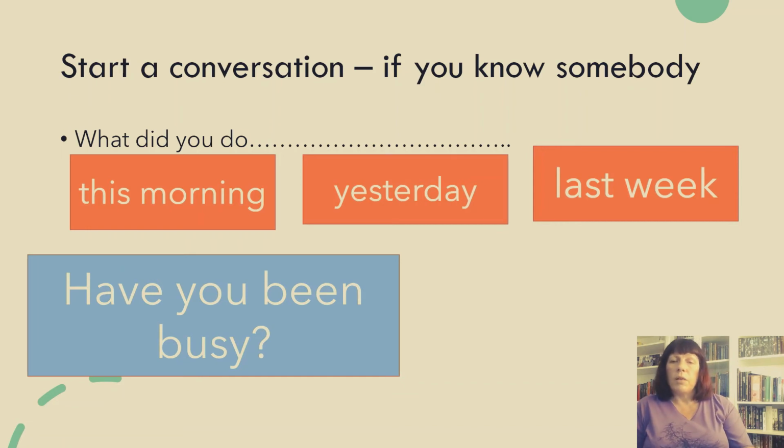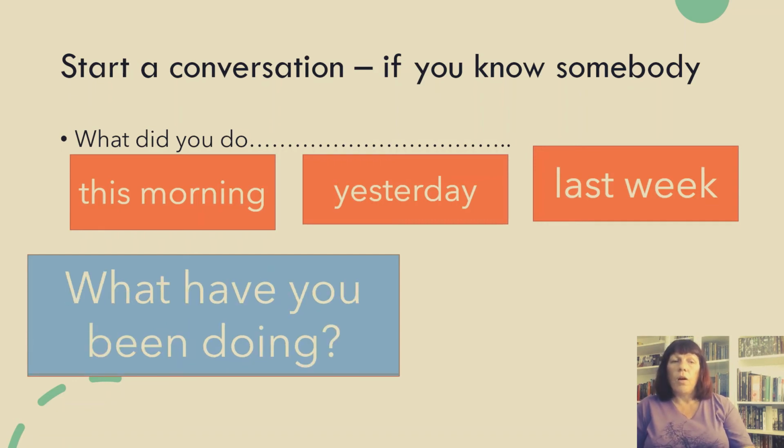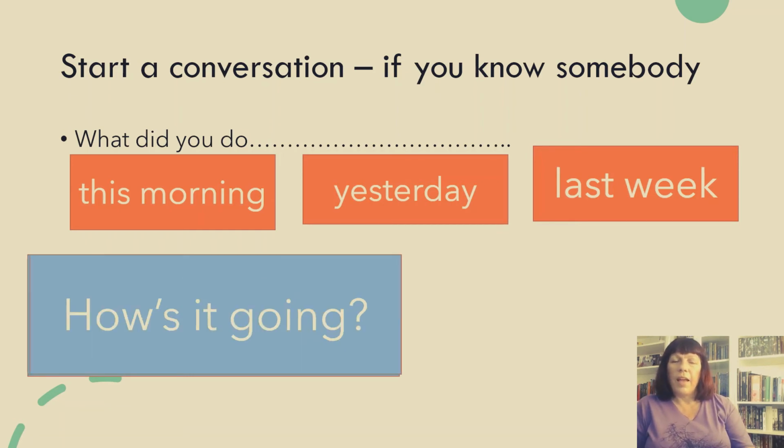Sometimes you might hear the question, have you been busy? That's just like saying, what have you been doing? How's it going? Yes, sometimes people do ask this, don't they? They mean the same thing. How are you? What have you been doing?